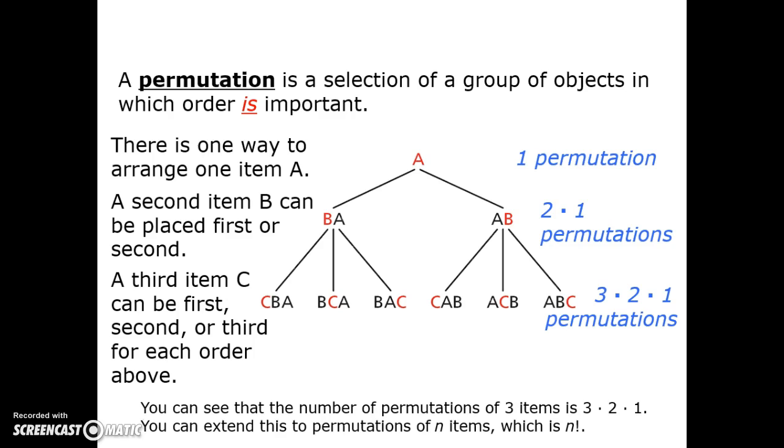When we add the third item, C, and order does matter, then it matters where A, B, and C are listed, and those permutations are 3 times 2 times 1. So permutations are n factorial, where n is the number of items that we are grouping when order makes things different.